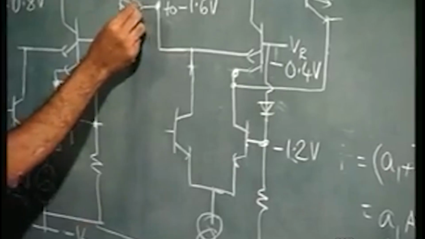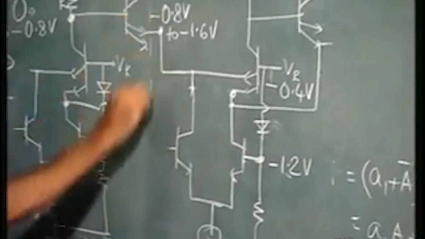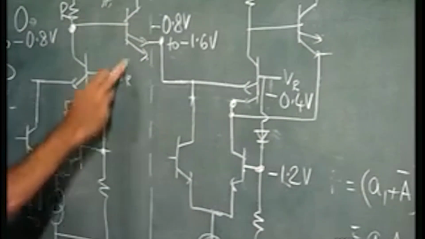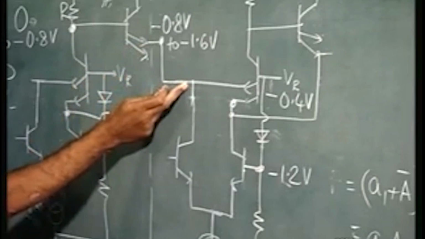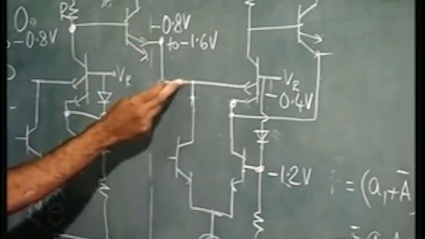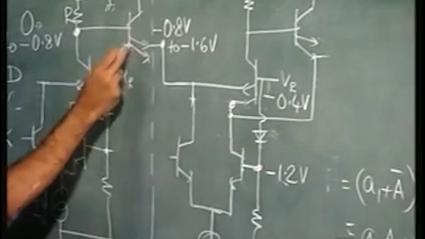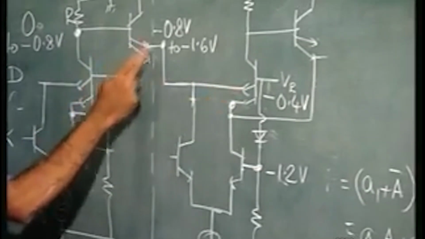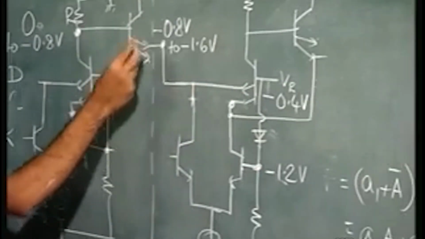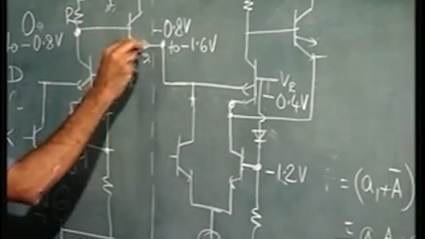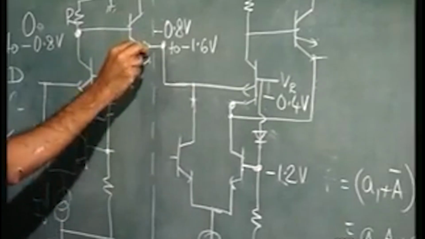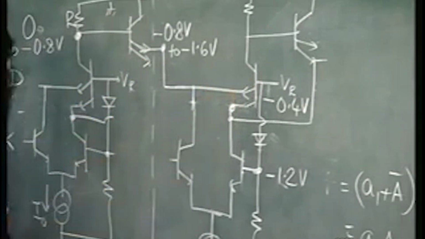When the output of a particular gate, this is gate 1, is fed as a direct input here, what happens? Now, you again have an emitter coupled structure here. This transistor, the output transistor of gate 1, and this transistor form an emitter coupled structure.